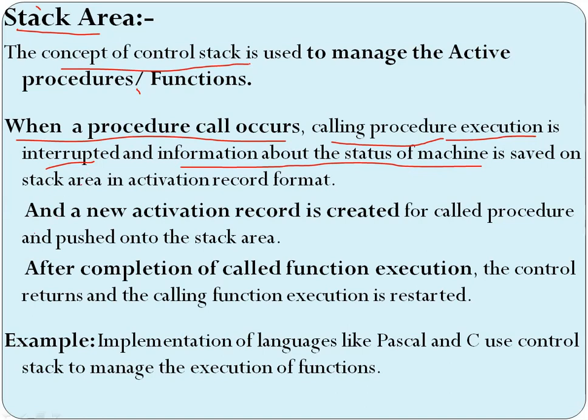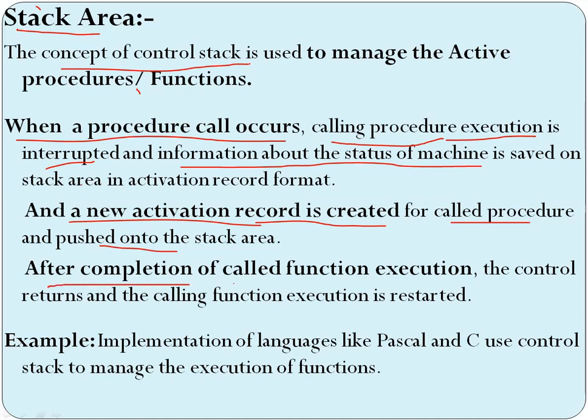See here, when a new activation record is created for a called procedure, it is pushed onto the stack. So one function calls another function. For the called function, one activation record is created and pushed onto the stack area, and this activation record is available in the stack area until its execution completes.